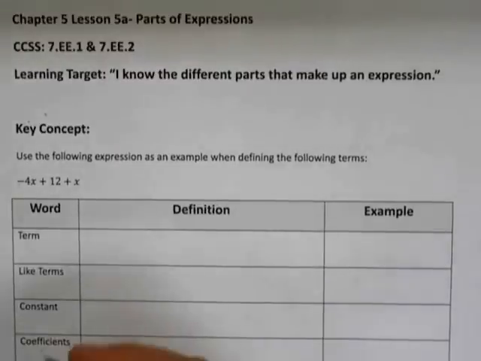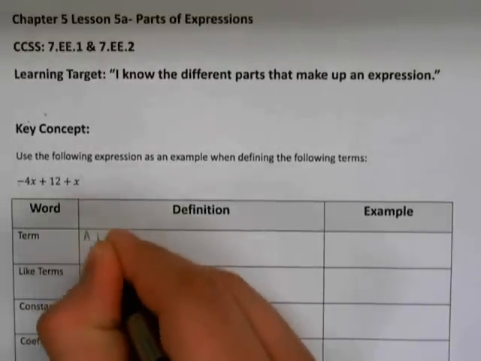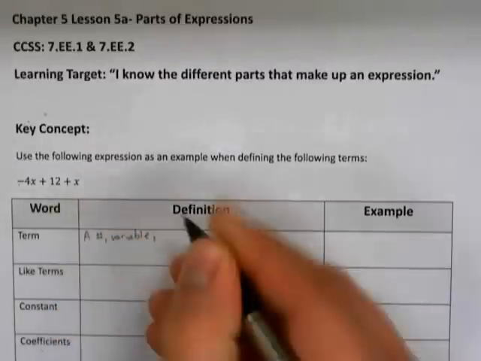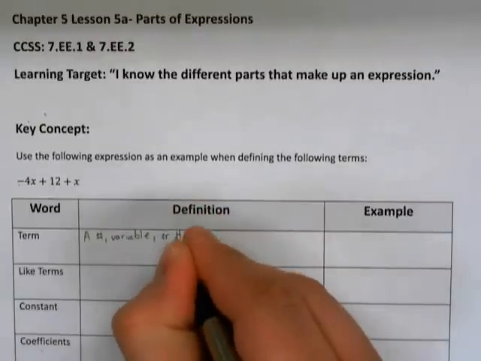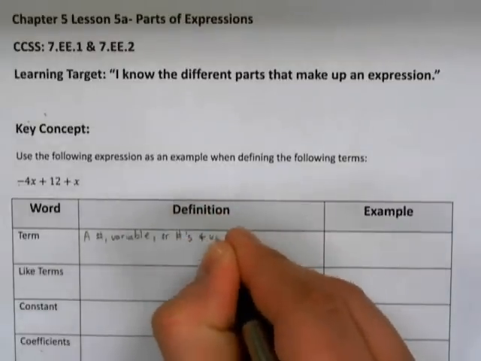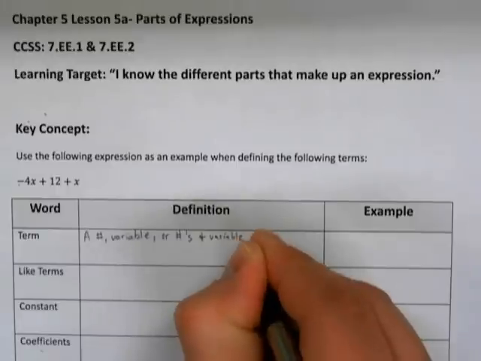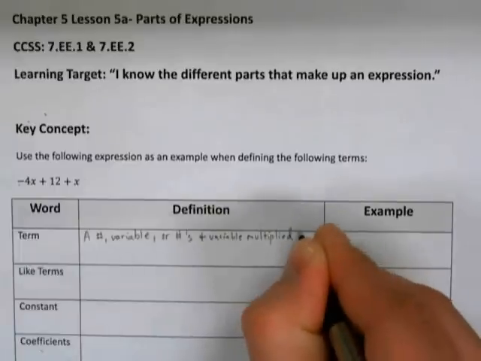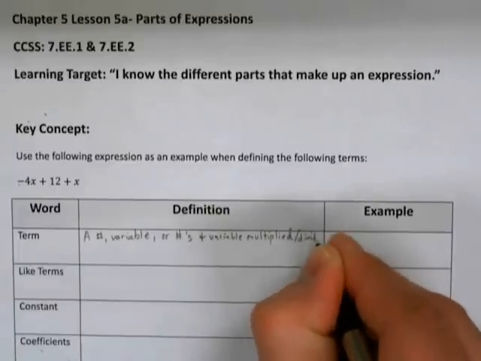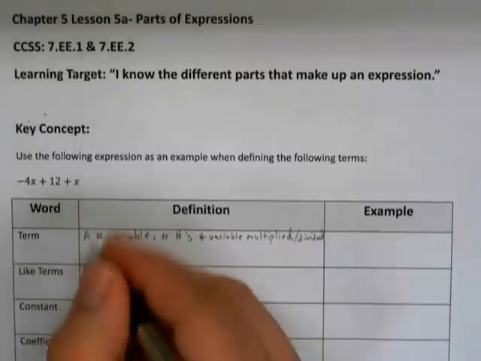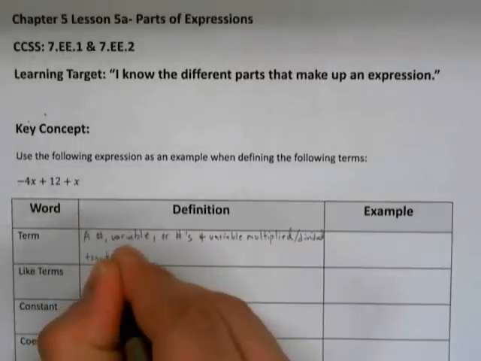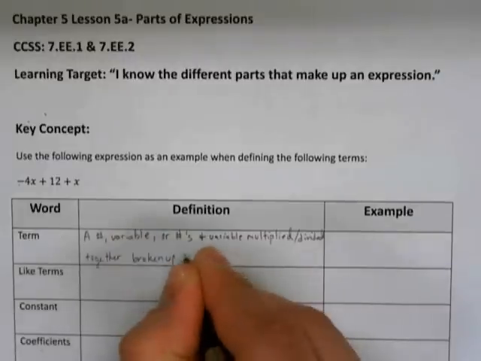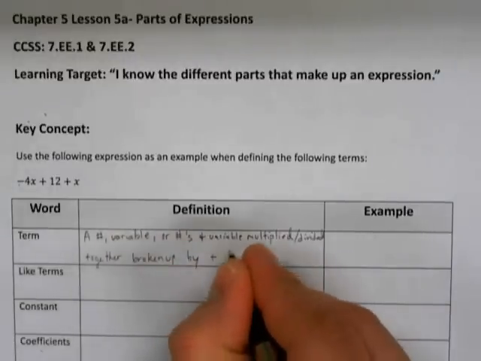So the definition of a term is a number, variable, or numbers and variables multiplied or divided together, broken up by an addition sign or subtraction.